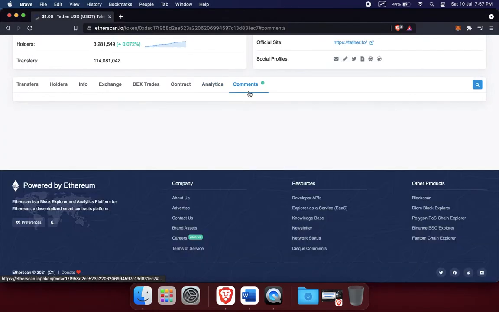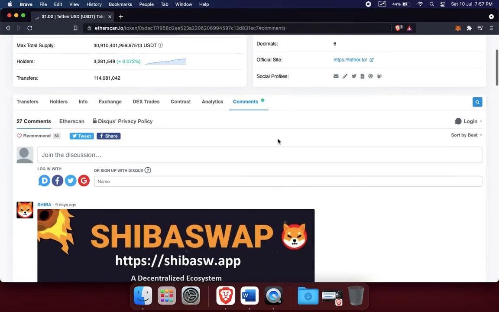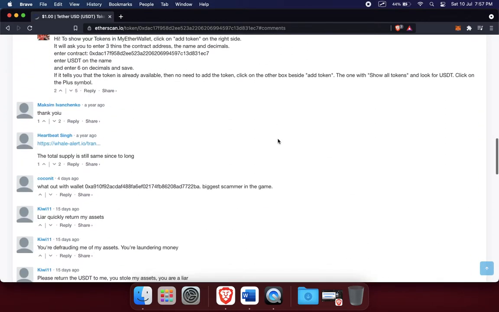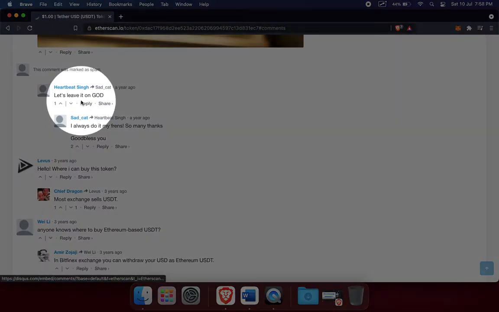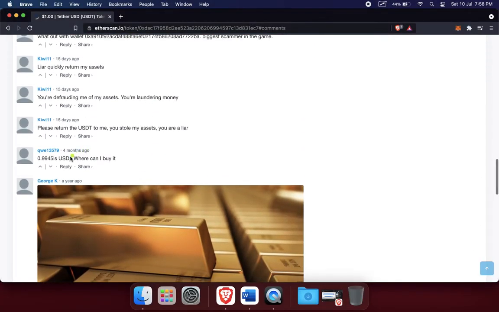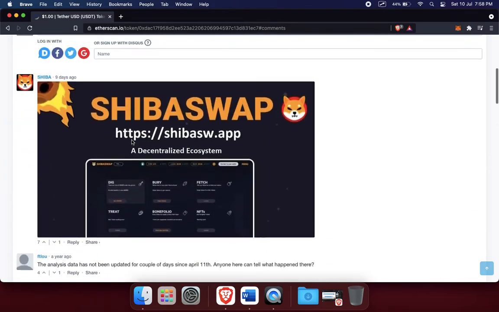And last but not the least, you have comments, which to me are pretty useless. I think you don't really get much useful information from this. It's just people putting whatever they want. Let's leave it on God. Where can I buy it? Please return the USDT to me. You stole my assets. You're a liar. Okay, Etherscan does not steal assets.